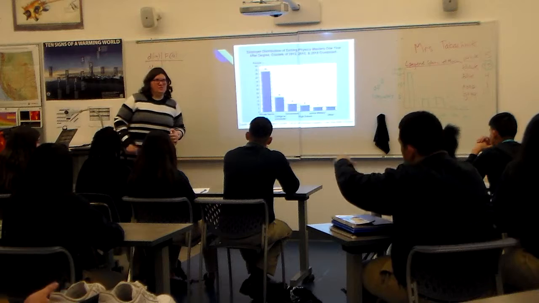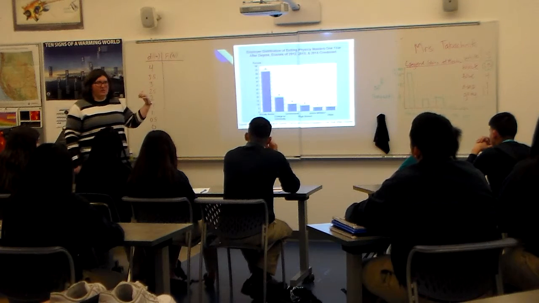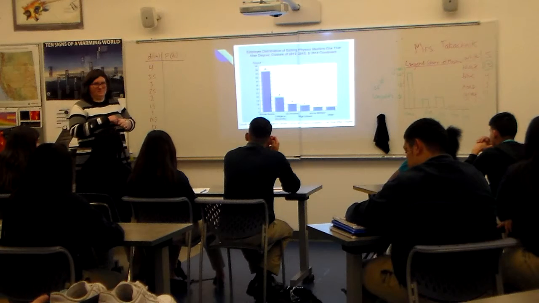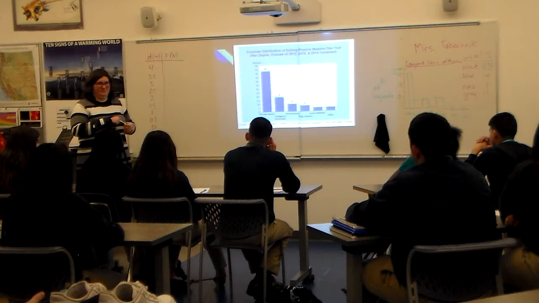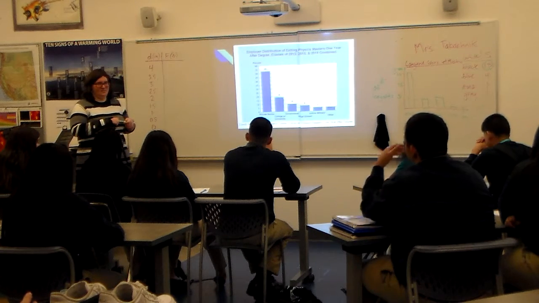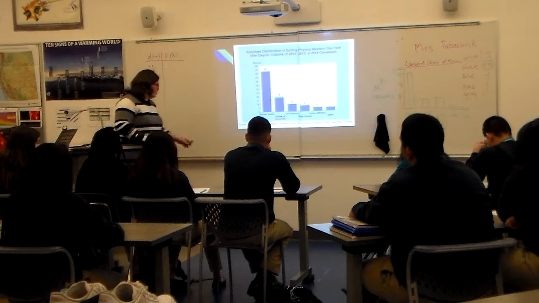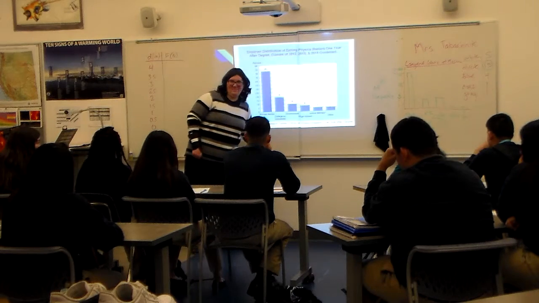Okay. So, in your own words, can you tell me what this graph is talking about? The distribution of physics master's 1 year after a degree. Okay. Yeah. That's all I got.